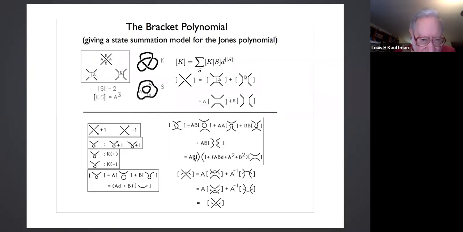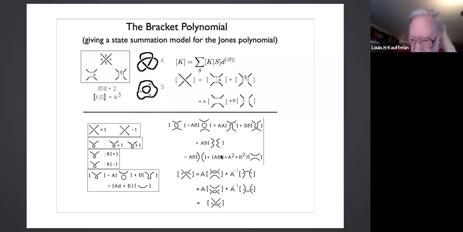There are some variations on this, which are more or less all equivalent to one another. If you took AB equal to 1, that means B will be equal to A inverse. Then AB multiplies D to be a coefficient of 1, and D will be negative A squared negative B squared, which makes D equal to negative A squared negative A to the minus 2.